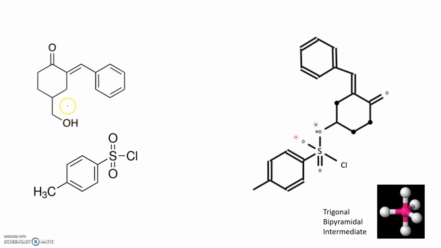So again, as previously stated, this alcohol group will be our nucleophile, and this sulfur will be our electrophile. On the right is shown the trigonal bipyramidal intermediate that it will form. One of the lone pairs will react with this sulfur, pushing the electrons from one of the double bonds to the oxygen. Both of these oxygens have 2 lone pairs.